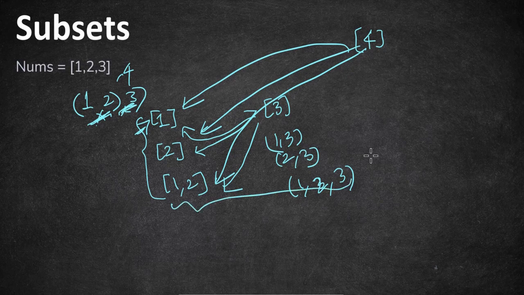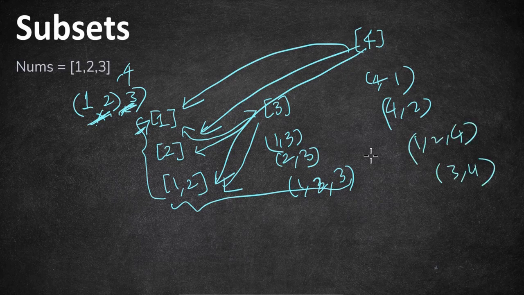Appending 4 to all of them will give you results like 4 comma 1, 4 comma 2, 1 comma 2 comma 4, and then 3 comma 4, 1 comma 3 comma 4, and it goes on: 2 comma 3 comma 4, 1 comma 2 comma 3 comma 4. So this is how we are going to approach this problem, which is pretty straightforward.